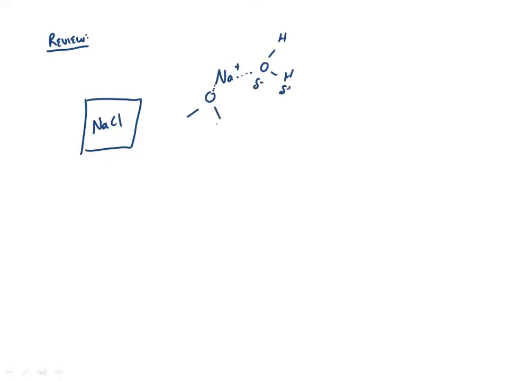Like this. And then I've got chlorine ions that are surrounded by a bunch of water molecules where the hydrogens are pointed to those. And so this is a little bit of review, but that's due to the opposite attracts.